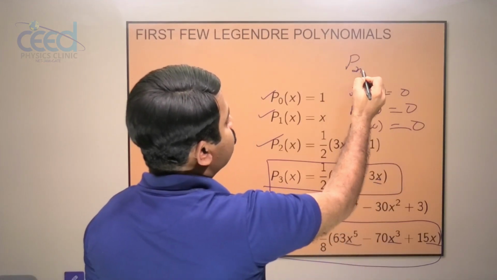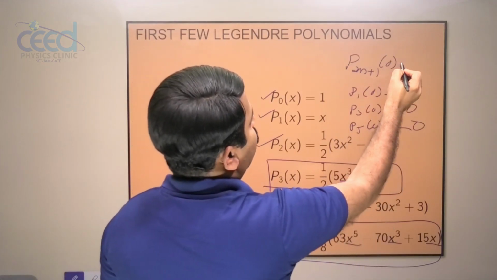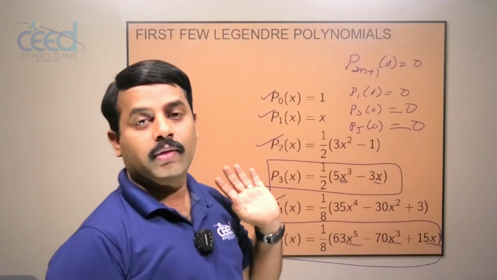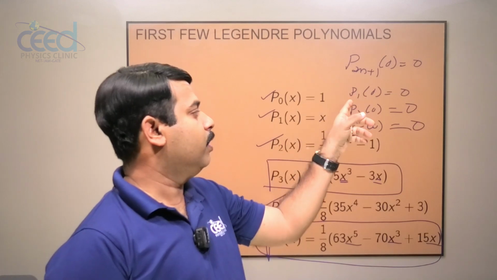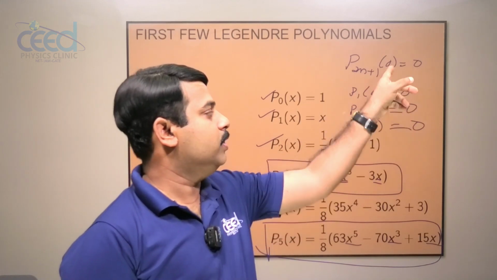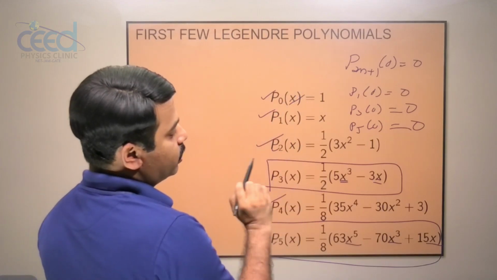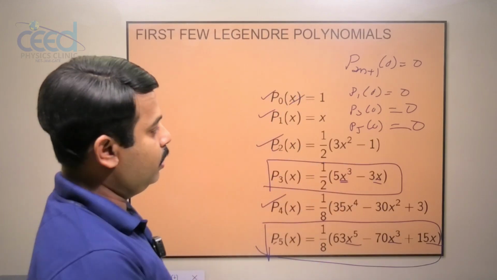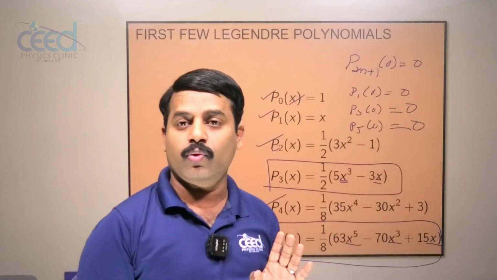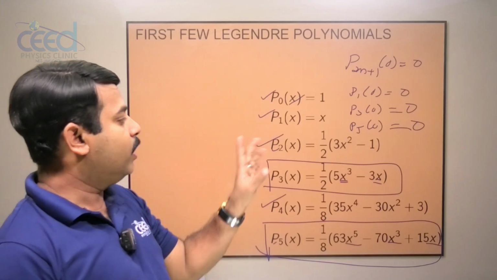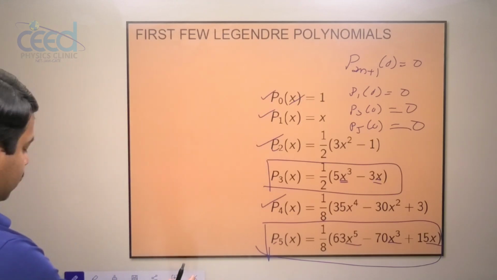Generally p2n plus 1 of 0 is what? 0, right? 1, 3, 5, odd Legendre polynomial, p1, p3, p5 of 0, always 0, right? But p0 of x is 1, p2 of 0 is not 0, that is 1 by 2, minus 1 by 2 only. Here put 0 means you get minus 1 by 2 only, right? So that you remember. Now these values also you remember, right?